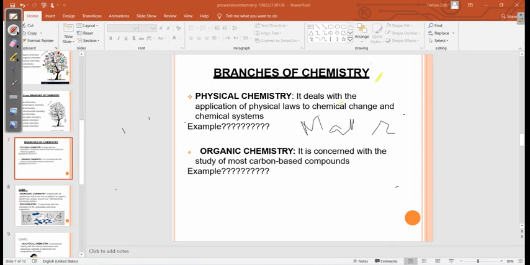In physical chemistry, we only discuss the physical aspects of matter, like their boiling points, melting points, their colors, their states, and the laws which represent these properties. We have already heard many kinds of laws, like Maxwell's law and Graham's law of diffusion, and many other laws are present in chemistry.